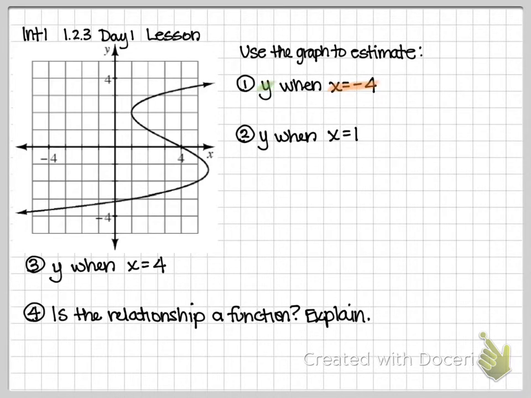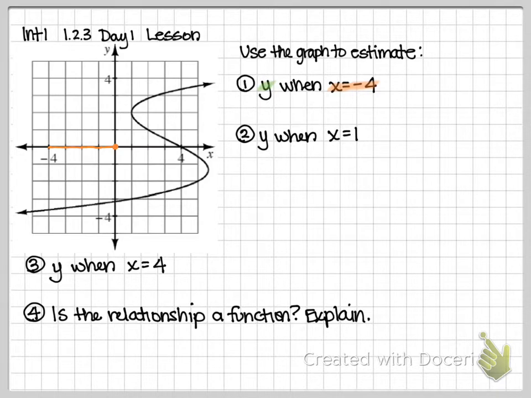So I'm going to go on the x-axis, starting at the origin, and go -4 in the x direction. And then my job now is to figure out what the y value is or what the y values are. There might be multiple, that can happen.